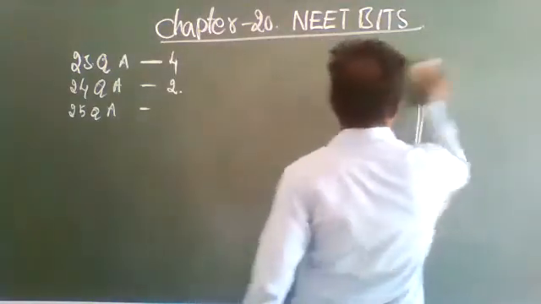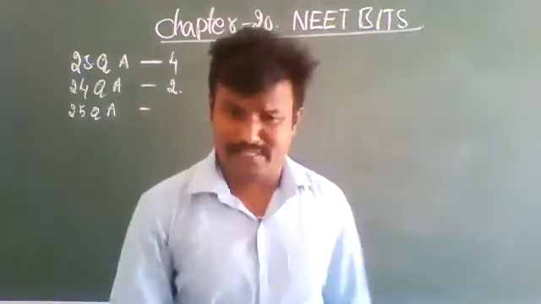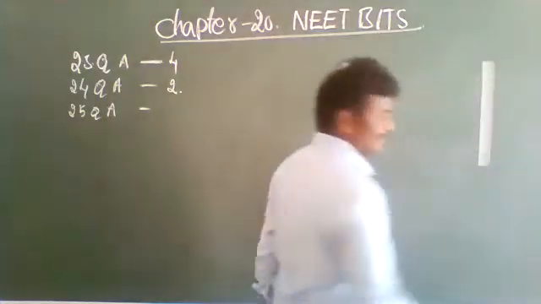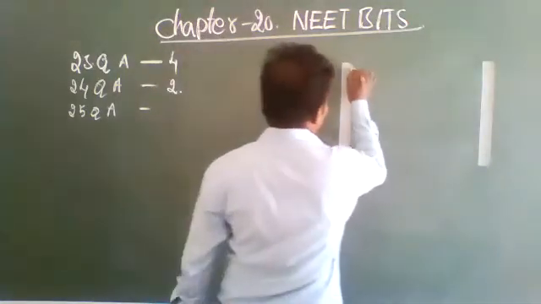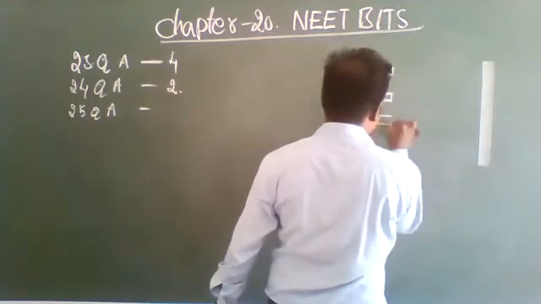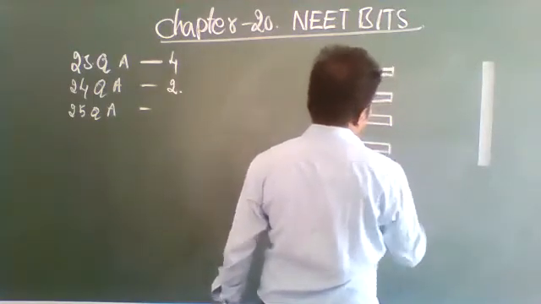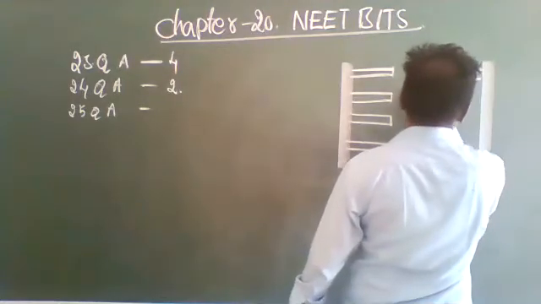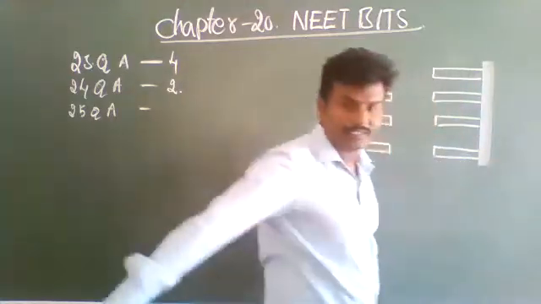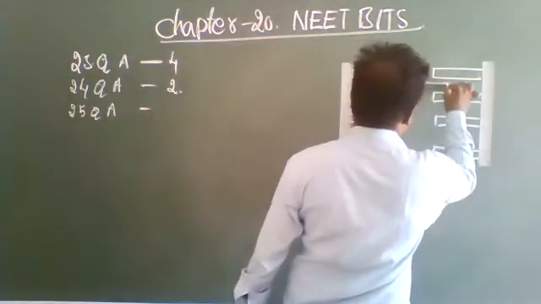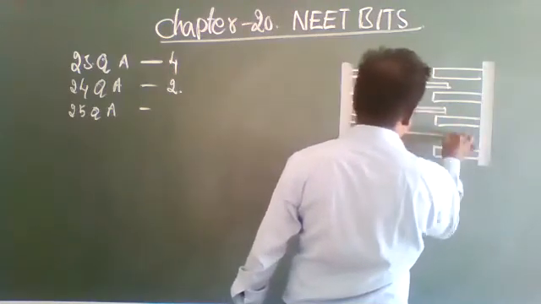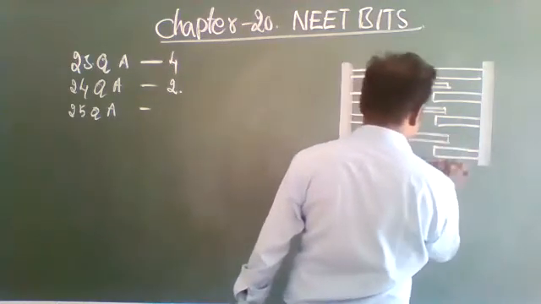Already this diagram I have drawn many times. Now I will draw it simply. It is Z line, Z line. Actin filaments, actin, actin. Middle, myosin, myosin, myosin.